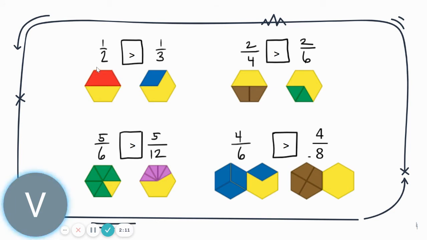So 1/2, this red piece, is way bigger than 1/3. And if you notice, for each one, whichever one was greater, the bottom number was smaller than the other number. So 2 was less than 3, 4 is less than 6, 6 is less than 12, and 6 is less than 8.